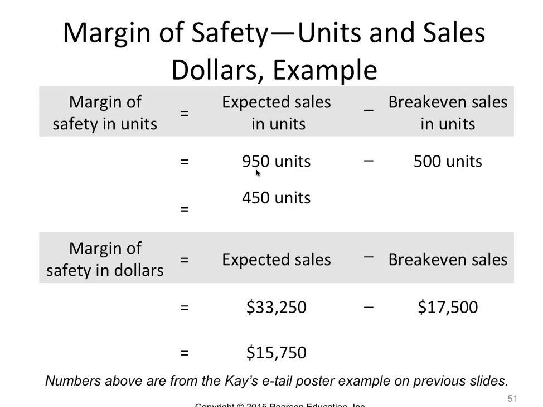Okay, let's use an example to explain that. Margin of safety in units and sales dollars example. Margin of safety in units: expected sales is 950, and the break-even point is 500 units. So now we have a margin of safety in units. So this is the margin of safety in dollars.